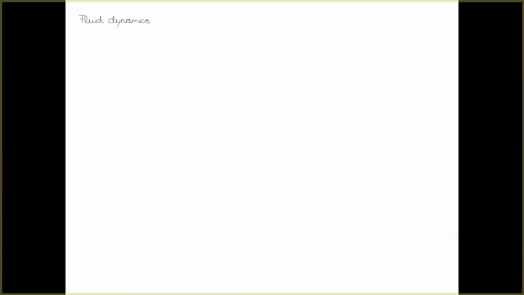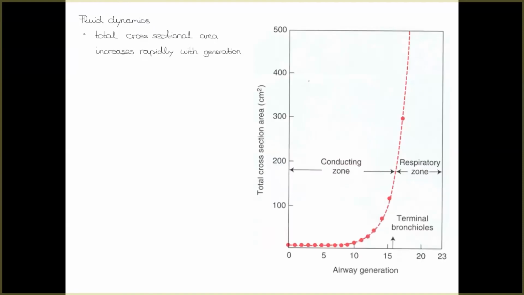So let's talk more about the fluid dynamics. We already saw that the cross-sectional area increases rapidly with higher generations, but at the same time, the diameters of the individual vessels decrease. This is now just the total area which increases.